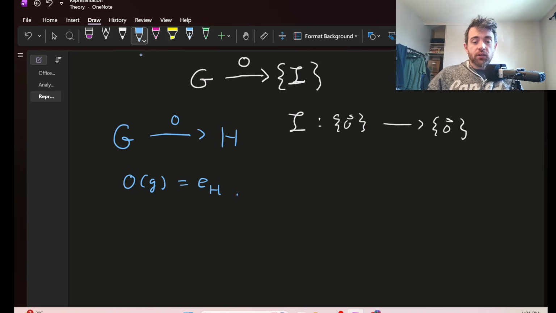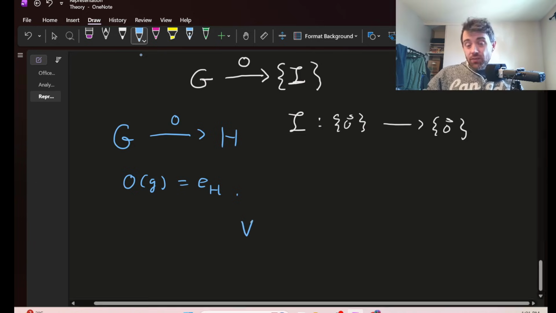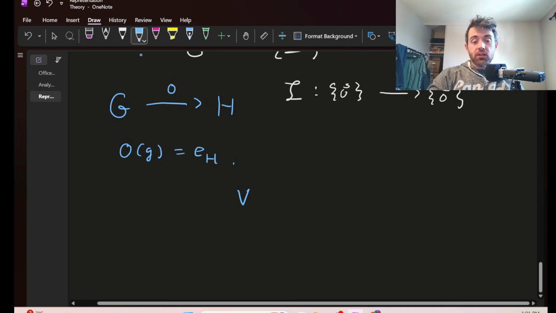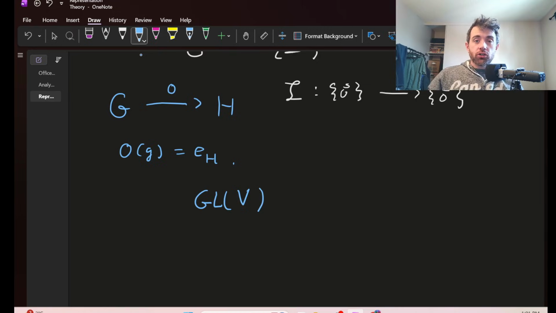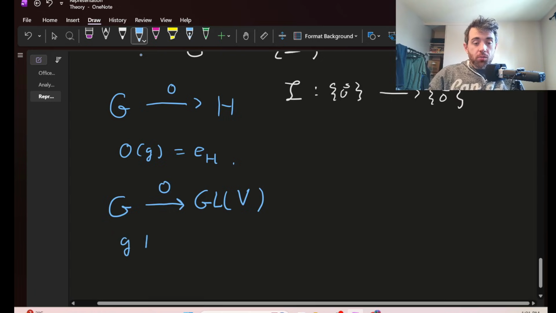And so in fact, if we take any vector space over any field and we consider the group of invertible linear transformations of that vector space, I can always form a homomorphism from my group G into it by taking the zero homomorphism.